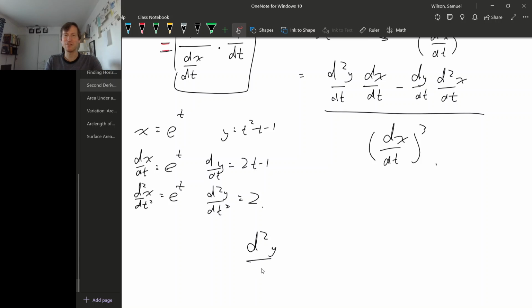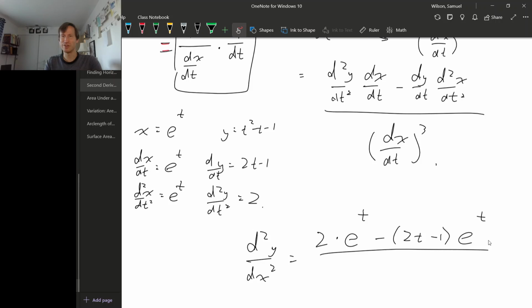So the second derivative of y with respect to x is: the second derivative of y with respect to t, that's 2, times dx dt, that's e to the t, minus dy dt, that's 2t minus 1, times the second derivative of x with respect to t, that's e to the t, all over dx dt cubed, so that's e to the 3t.